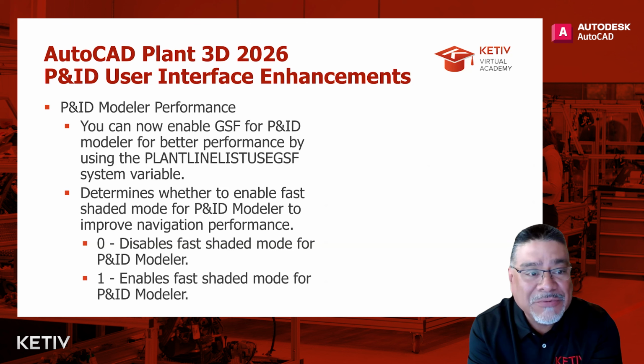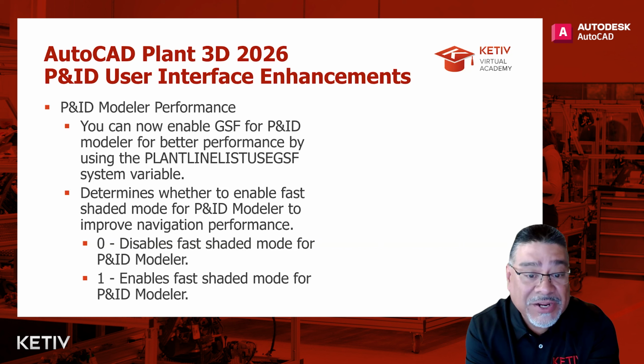And one of the things they did to address this is that now you can enable GSF for P&ID modeler for better performance by using the plant line list use GSF system variable. So that's going to determine whether to enable the fast shade mode for P&ID modeler to improve the navigation performance.